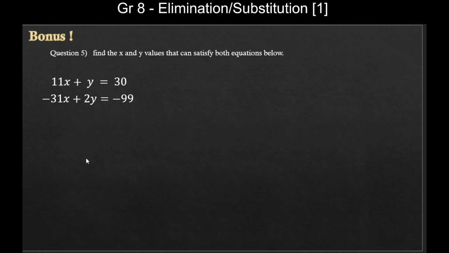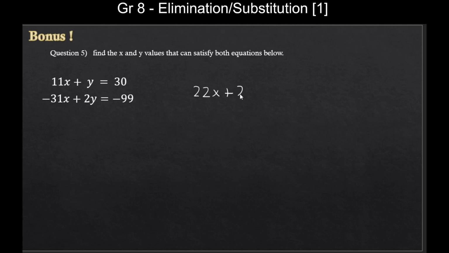So, what I'm gonna do now is, this time I'm gonna try to eliminate y, because it looks easier and it doesn't matter if we eliminate y. So, what I could do is I could perhaps multiply the first equation by 2. I guess that will work.